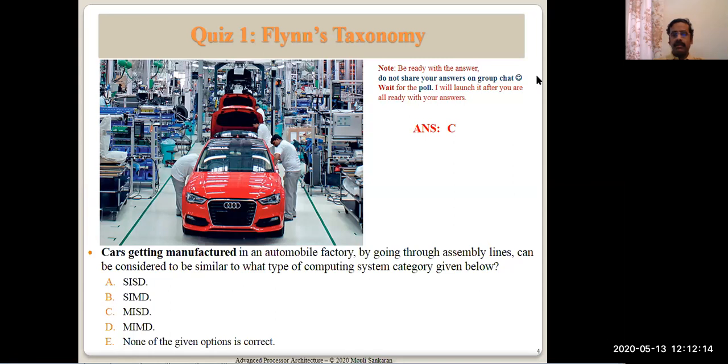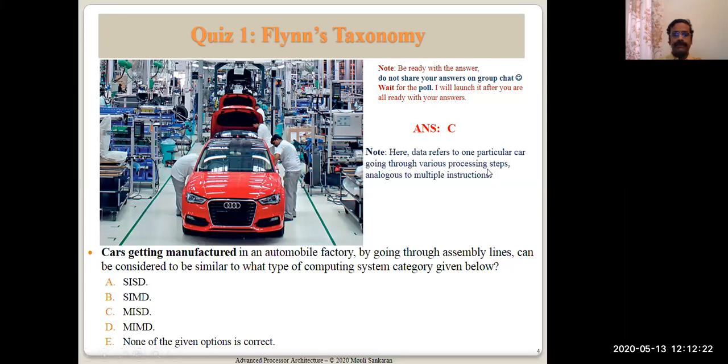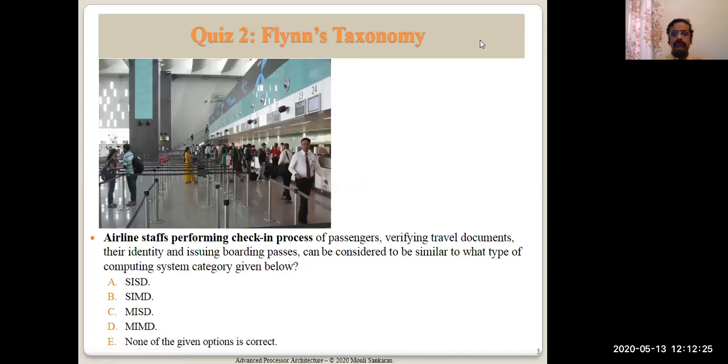Hope you are not seeing the next question. So let me stop sharing this and then let me show the next question. Can you identify the airport?